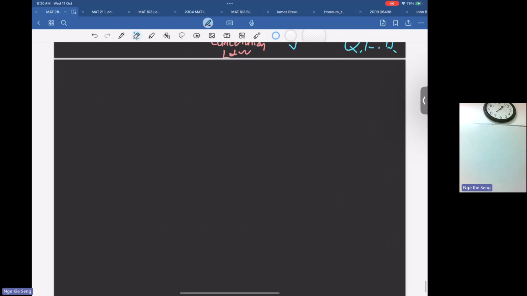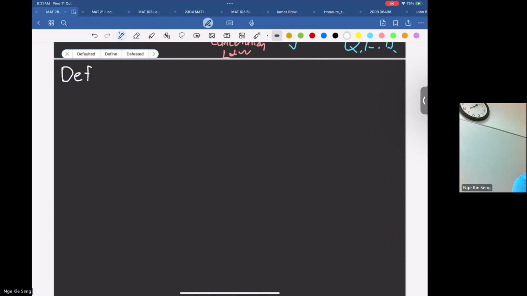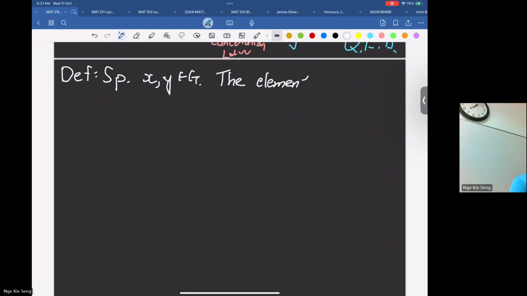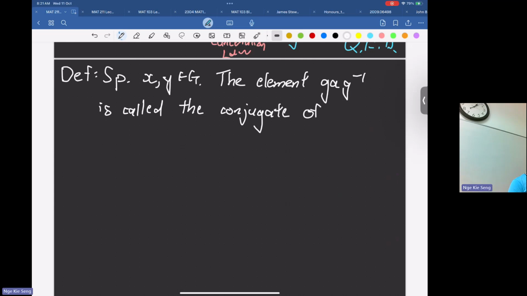Okay. Continue. So next, we introduce another definition. Suppose that x, y is in G. The element G inverse is called the conjugate of what?